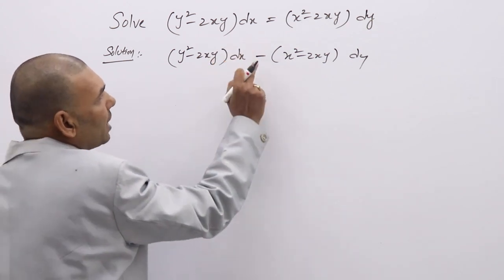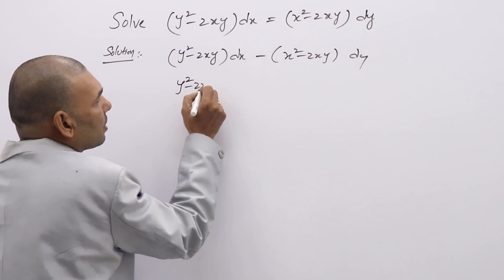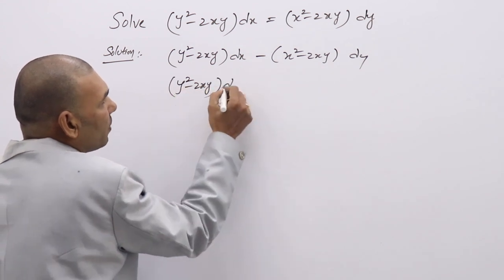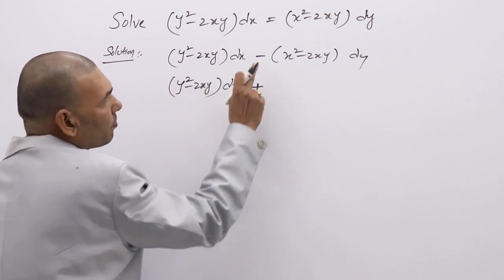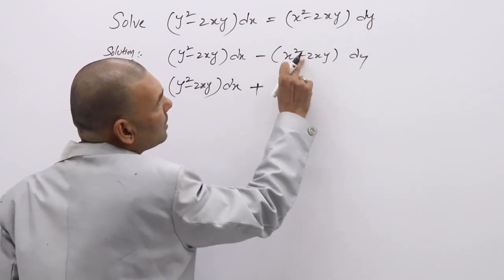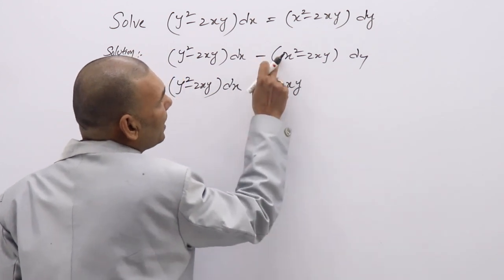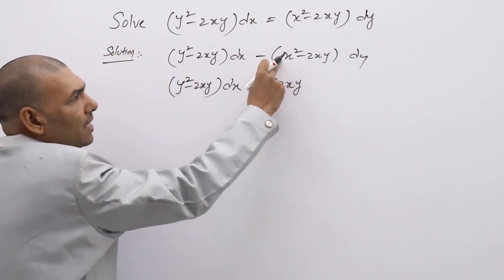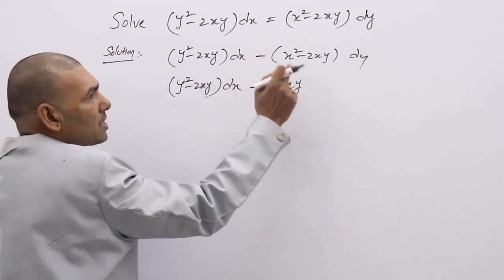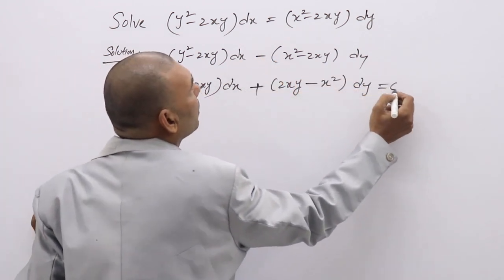But to get plus here, I am multiplying this term with minus. Then what happens? (y square minus 2xy) dx plus, minus into minus is plus, 2xy I am writing first, minus into plus is minus x square dy.